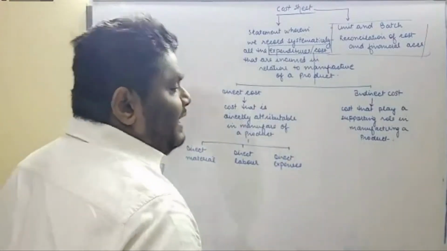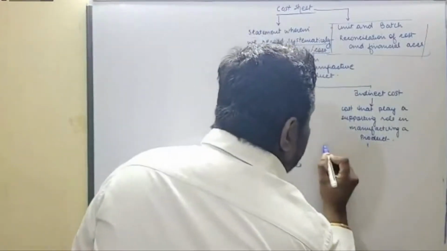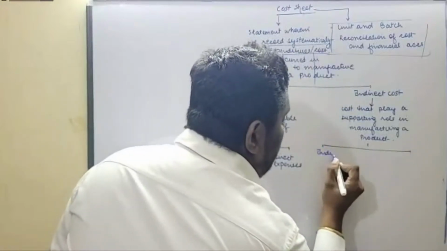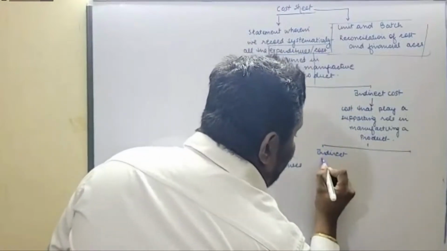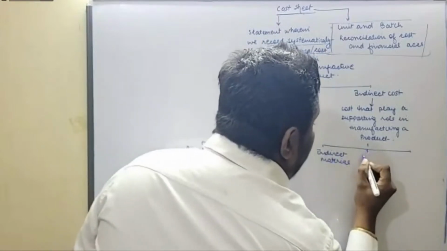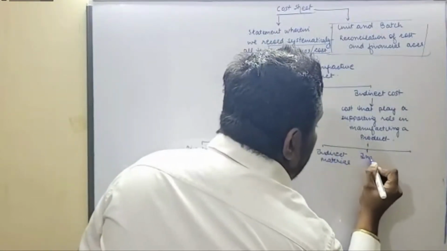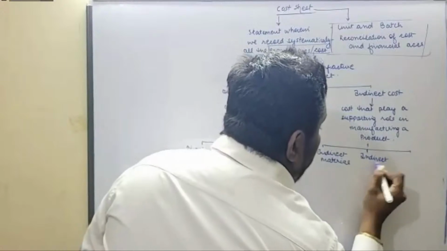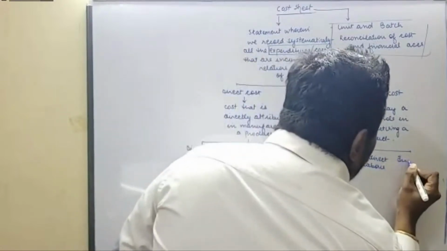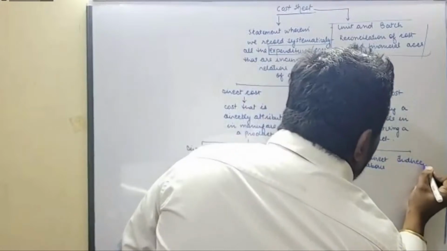When talking about indirect cost, again it covers indirect material, indirect labor, and indirect expenses.